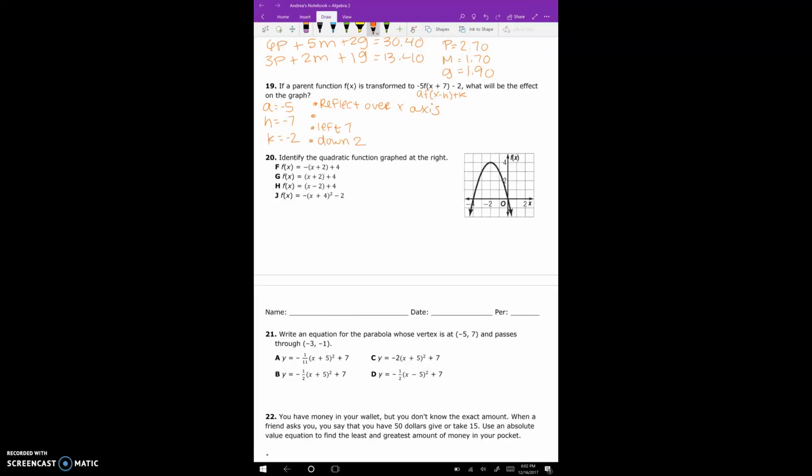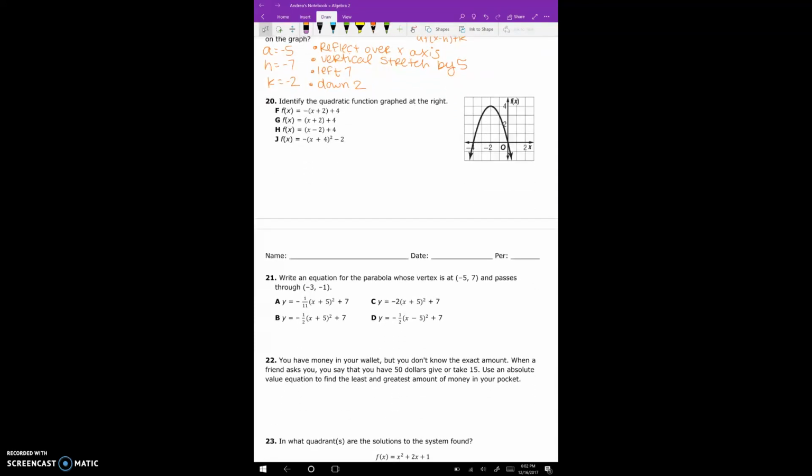So one thing you want to remember is that A can actually do two things at once. It's negative, so it's a reflection over the x-axis, but also because A is 5 and not 1, we're going to have a vertical stretch by a factor of 5.